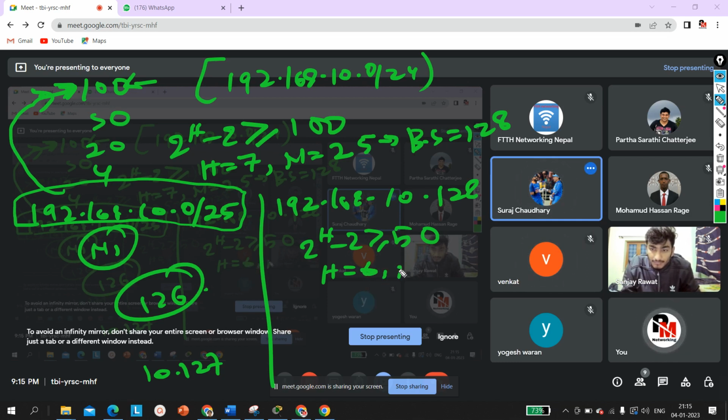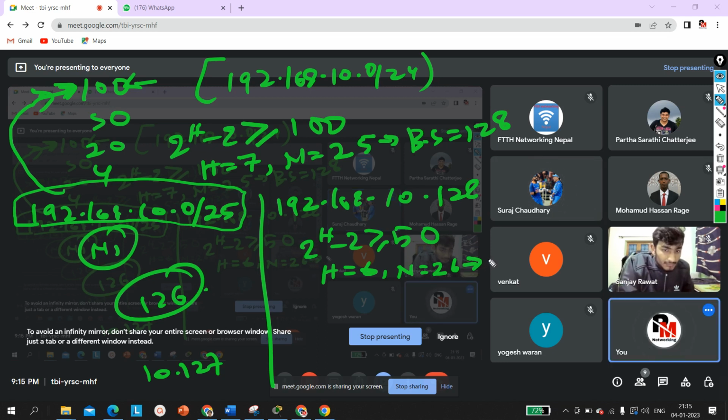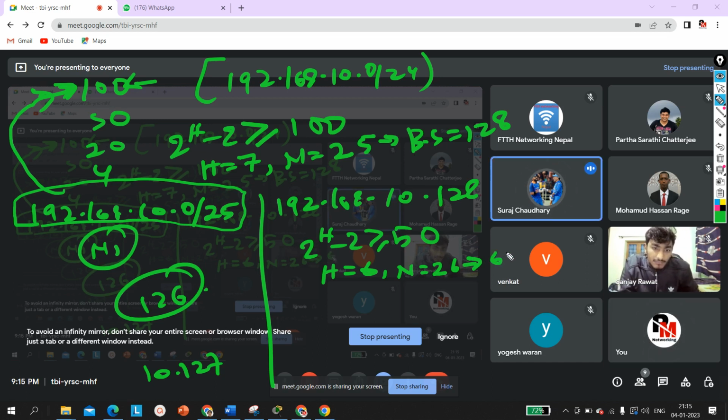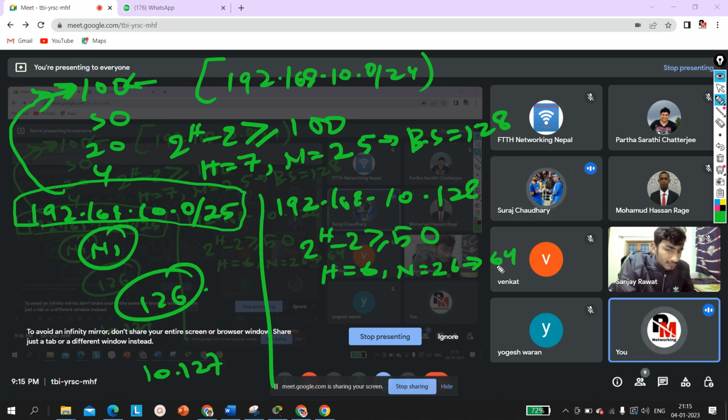If h is 6, then n will be 26. If n is 26, then the block size will be 64. Right? If the block size is 64, then what will the next network be?